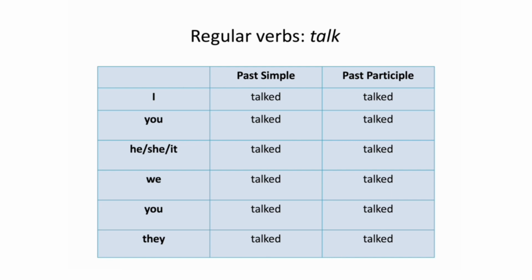This is also true to form the past participle. We simply add ed. I talked, past simple. I talked, past participle. You may notice the form remains the same for all pronouns.